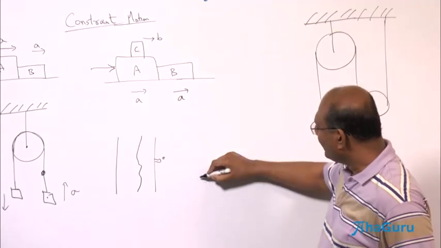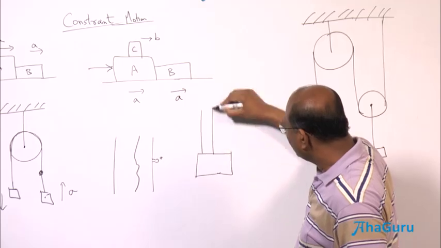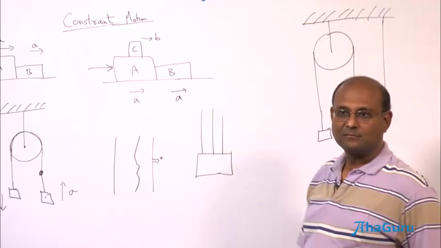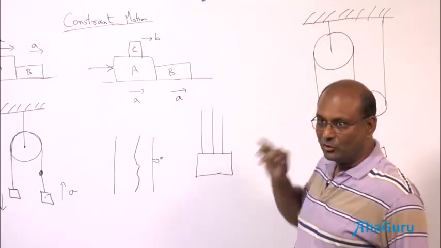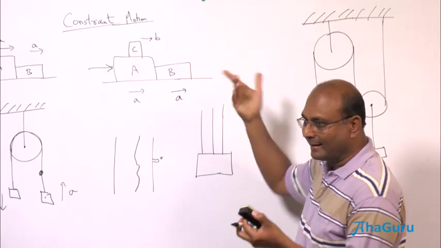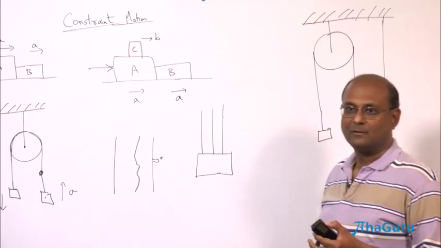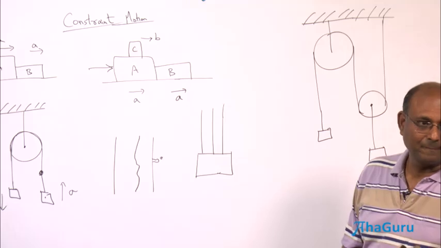Now what will happen if I had a block that was connected to 3 ropes? Let's not worry about where it goes for now. Let's assume that wherever it is fixed. Now if I lift this block up, how much slack will I have?